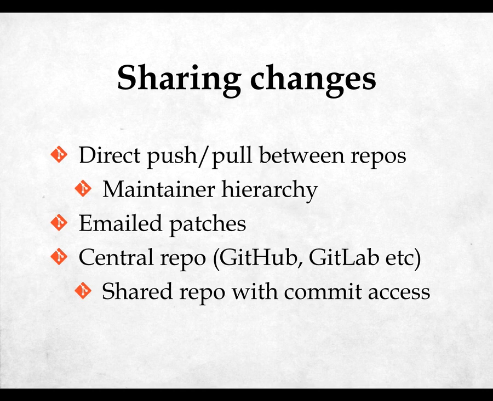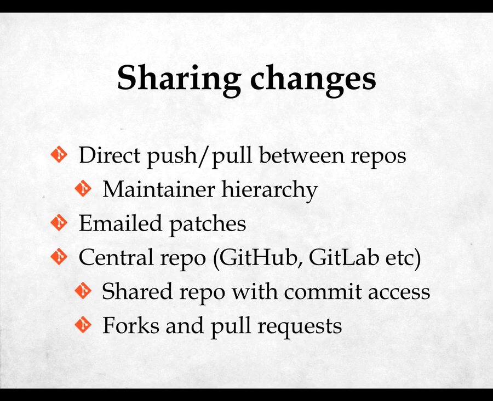That's why we tend to work internally with our GitLab instance, where if a project has a single repo, all the members of the team have commit access to that repo, and they just work it out amongst themselves. Or the more common model in open source on GitHub is, if you want to make a change to a project, you fork it, so you create a copy of it in your own GitHub account, you do the changes, and then you submit a pull request to the maintainer. If they like it, they'll merge it in from your fork.